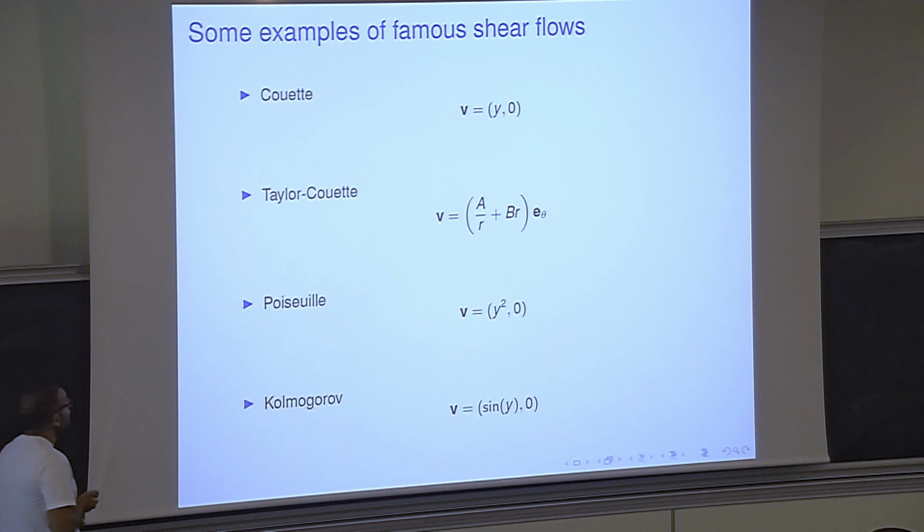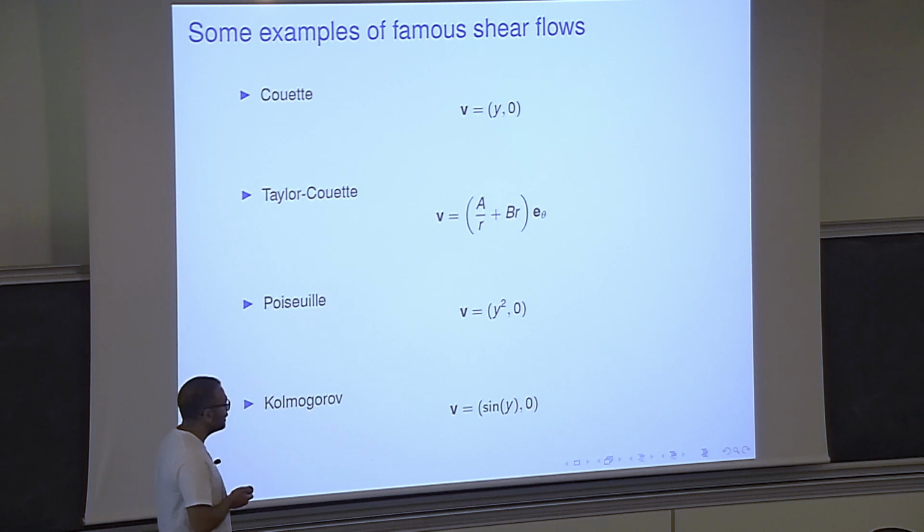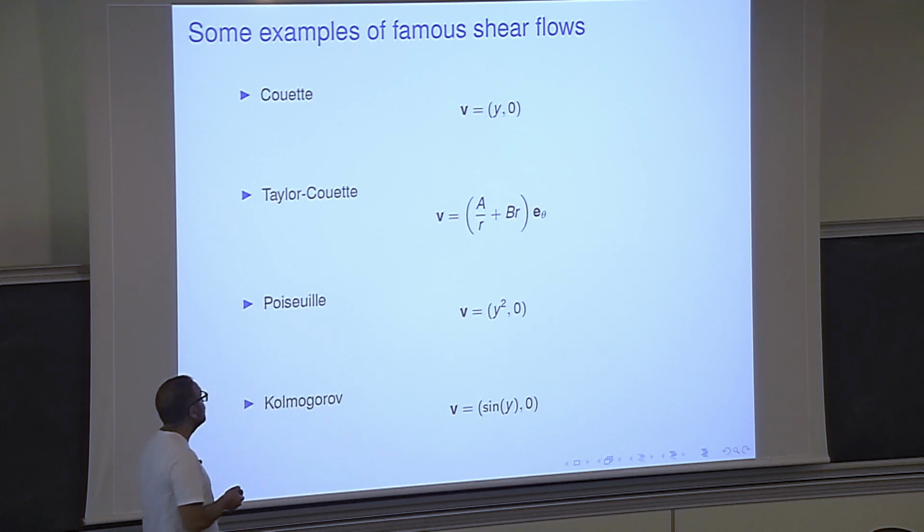I am also going to say something about the Taylor-Couette flow, which is not a shear flow, but it's a kind of. The Taylor-Couette flow is given by this expression. You pass to polar coordinates, and then you take the radial component of the velocity equal to 0, and you take the angular component of the velocity in this way.